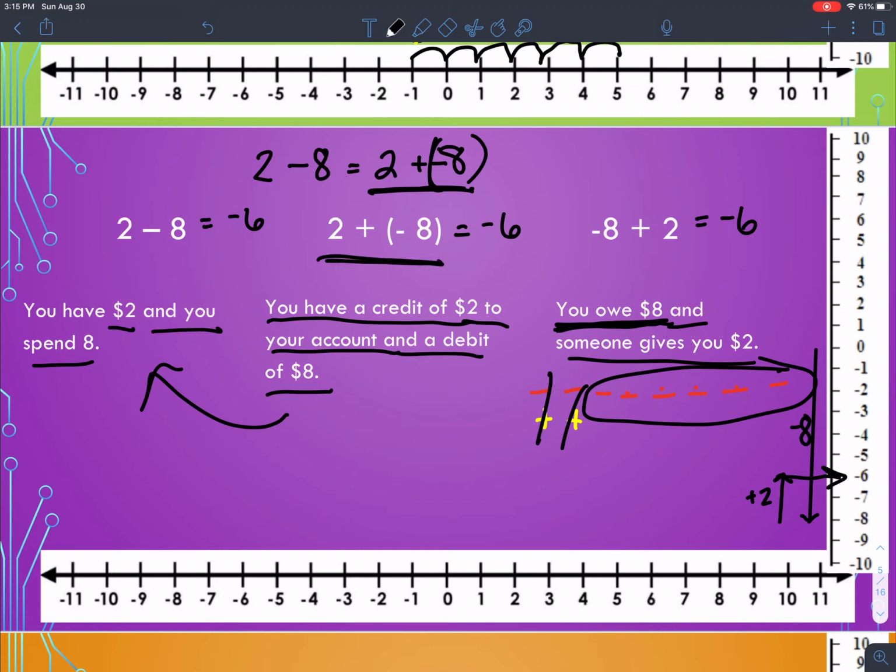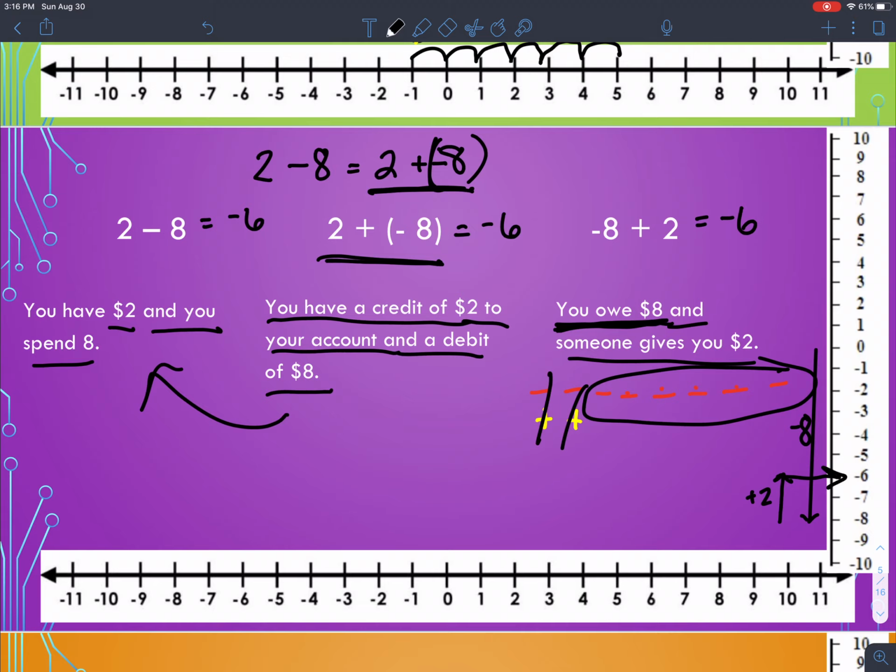What that does not mean is that the negative 8 you have to deal with first or anything like that about order of operations with parentheses. So the parentheses are just there to keep things clean, to keep things a little less confusing so that you don't have those signs right next to each other.